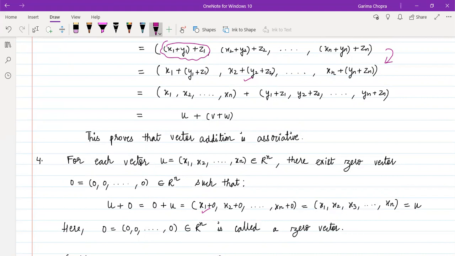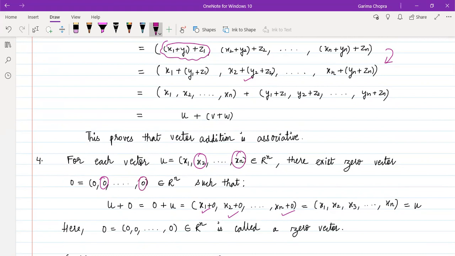The second component will be the sum of the second component of the vector u and the second component of this vector 0, which is 0. So it will be x2 plus 0. And the nth component will be the sum of the nth component of vector u and the nth component of this vector 0.